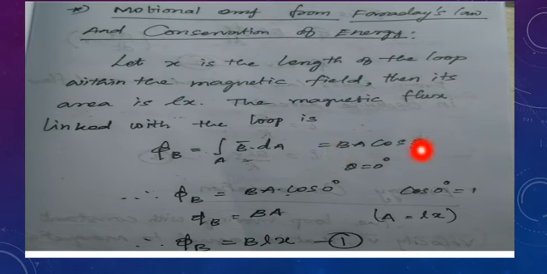Here theta is 0 degrees, therefore cos 0 degrees is equal to 1. Therefore the magnetic flux Phi B is equal to B into A. Here A is nothing but the area, therefore Phi B is equal to B L X. This is equation number 1.